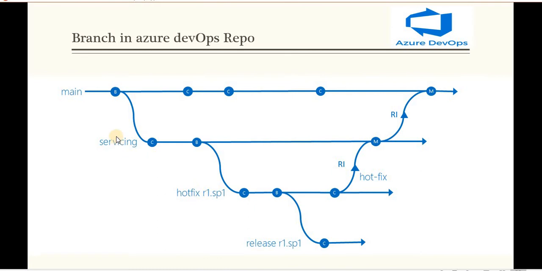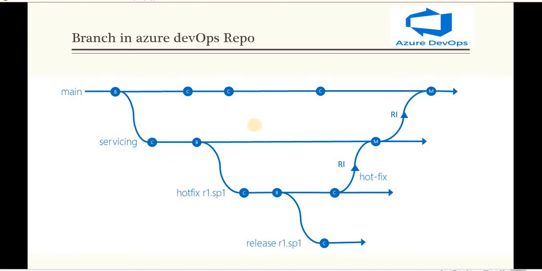Suddenly that service team gets a hot fix, or an issue from production, and they have to fix that issue immediately. If we don't have a branch, and we have changes on the same file, they have to revert those changes first, give the hotfix, and then redo the changes on that same file.